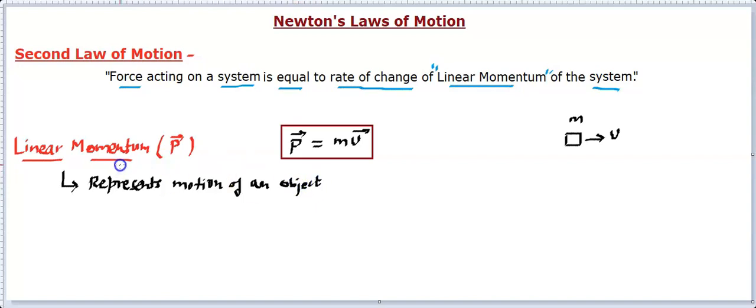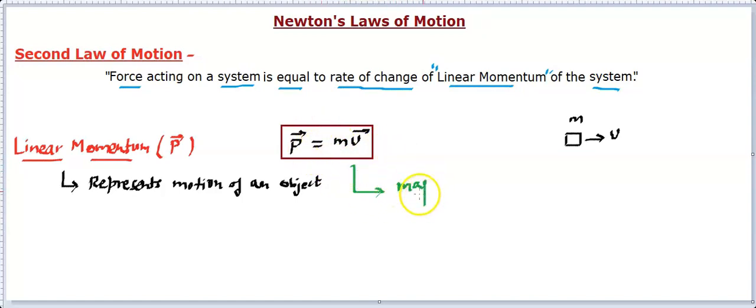So if somebody asks what linear momentum is, you say it is a quantity that represents the motion of an object. Motion is linked to velocity, and ultimately it represents the velocity because mass is a constant. So it's going to be m times v. Now whenever you get this quantity, there are two things we need to be clear about. One is the magnitude.